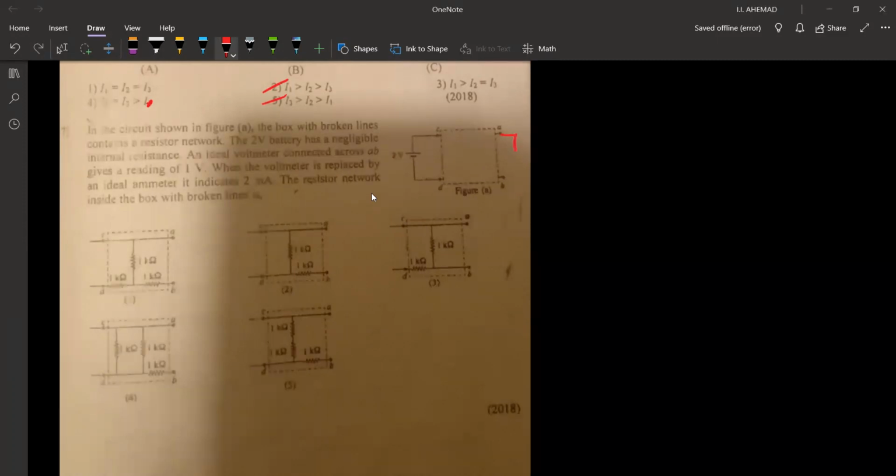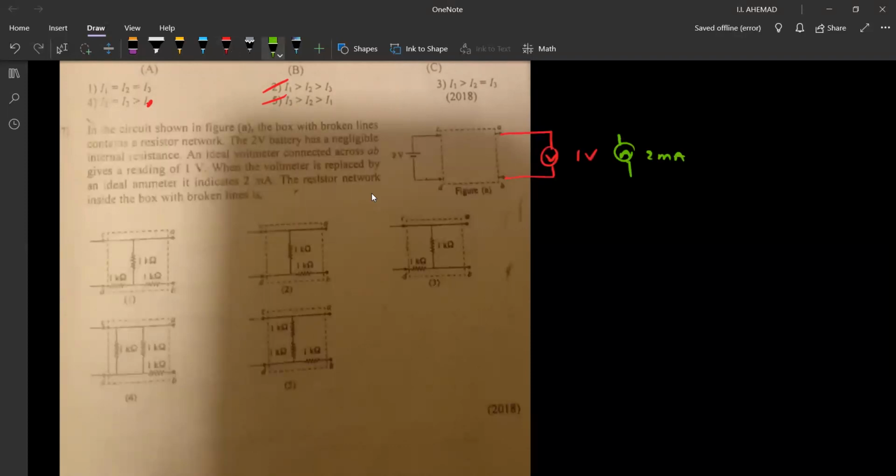So we have an ideal voltmeter here, which gives a reading of 1 volt. When the voltmeter is replaced by an ideal ammeter, it indicates 2 milliampere.